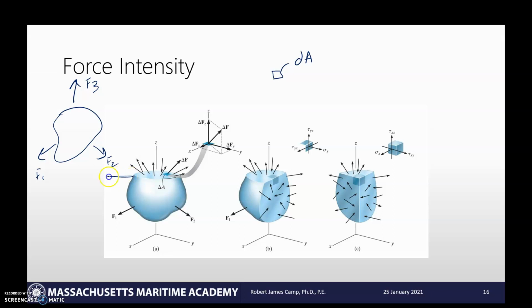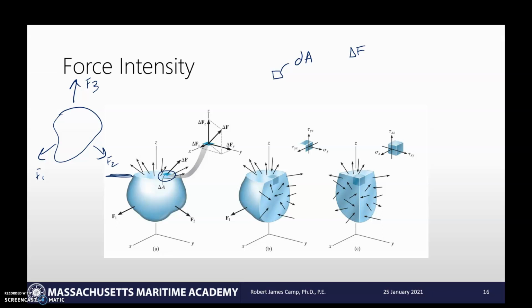So this first one here, I slice off right at the top, and you can see I've got all these wonderful internal forces. They're all going in crazy directions. And what I want to do is I want to take a look at this dA. And so here's my representation of dA. And what I want to find is delta F. And so delta F is the resultant force of all of those internal forces.